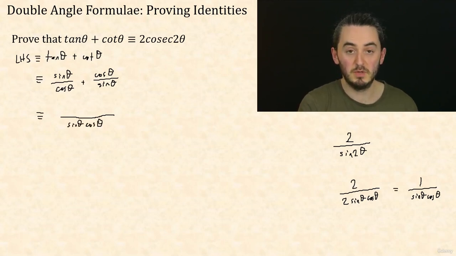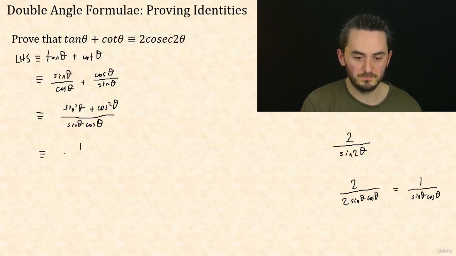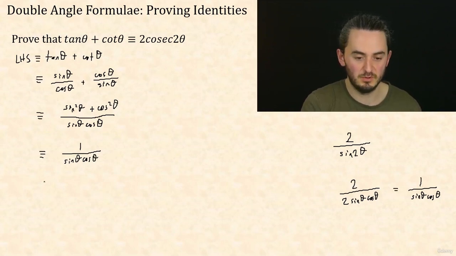So I've multiplied top and bottom here by sine theta. So sine squared theta, maybe you can see where this is going. I multiply top and bottom here by cos theta, and I get cos squared theta. Well, sine squared theta plus cos squared theta is 1. And here I've got the thing I was aiming towards. And now you can see that the work I've done over here helps me see how to finish this proof.